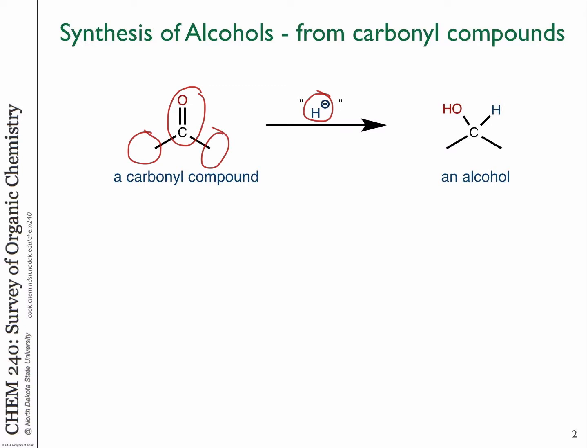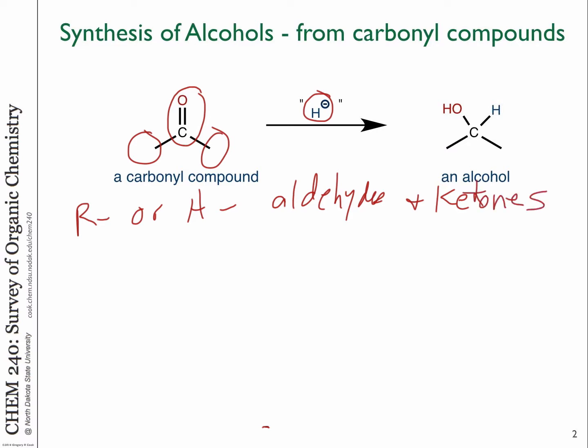So anything that has carbons and hydrogens, R or H, those are aldehydes and ketones. And those are more reactive. Oops, I can't spell. Aldehydes and ketones. Those are more reactive than other carbonyl compounds. So because of that, we can use less reactive reducing agents. If one of these groups attached next to the carbonyl compound is an oxygen in the form of an OH, a carboxylic acid, or an ester, or we'll see later on things like amides.